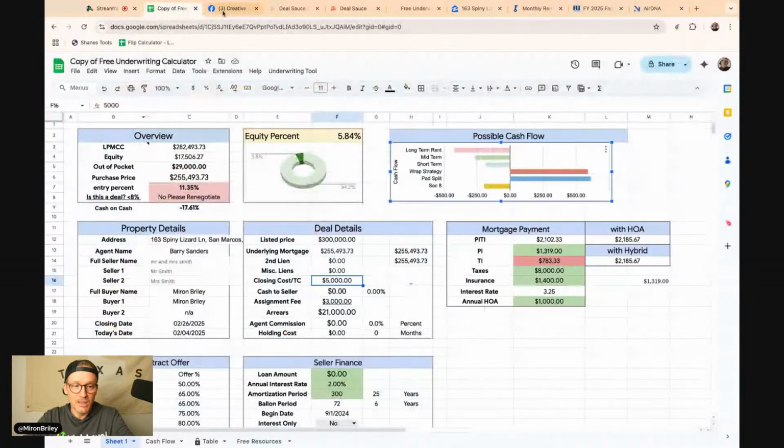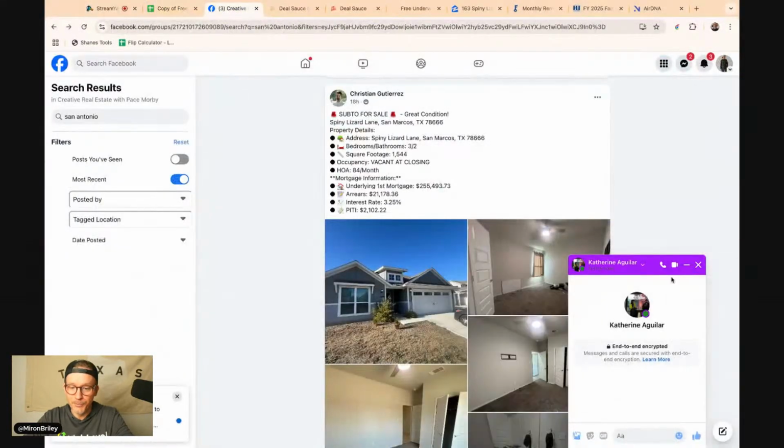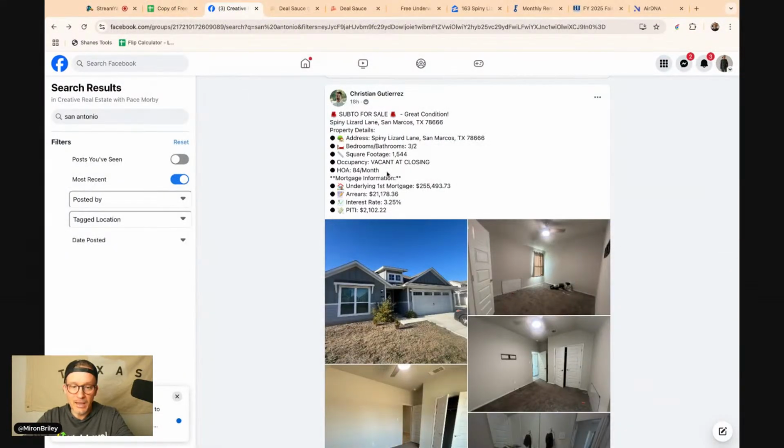Okay, let's do this. I'm gonna share my screen. I haven't looked at this. I don't know if this will work, but I'm gonna tell you why I would do this. Let's say I'm looking at this deal and I have this lead. I've talked to the agent, the spiny lizard agent.